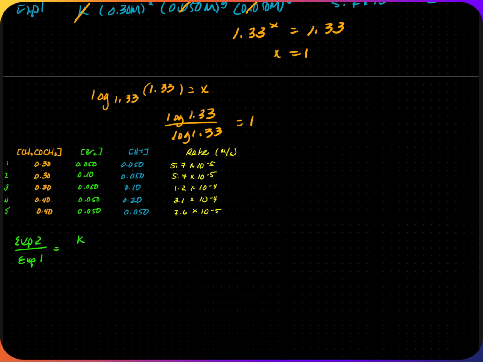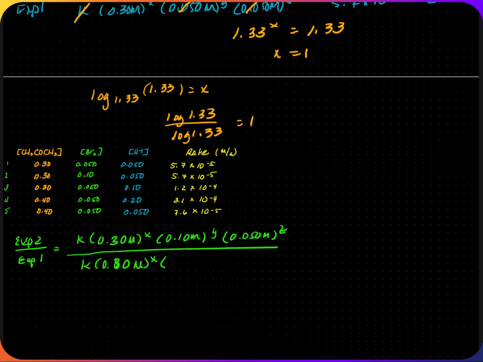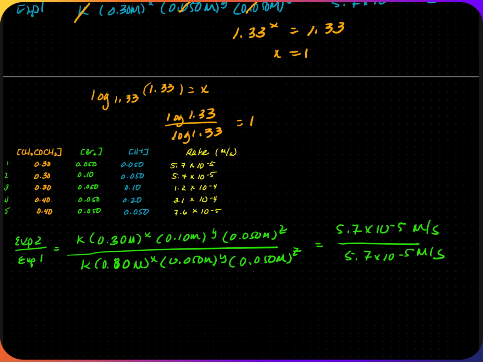Plugging it in, it's going to be K 0.30 molar to the X, 0.10 molar to the Y, 0.050 molar to the Z. And experiment 1 is K 0.30 molar to the X, 0.050 molar to the Y and 0.050 molar to the Z, and my rates are 5.7 times 10 to the negative fifth molar per second divided by 5.7 times 10 to the negative fifth molar per second.